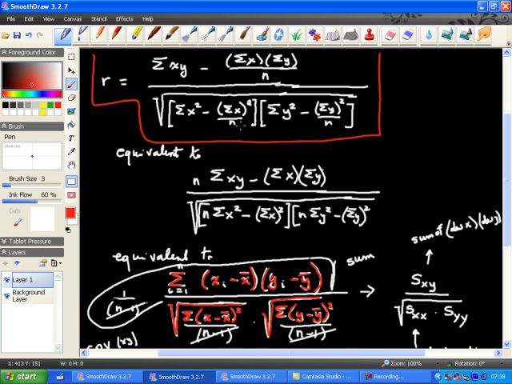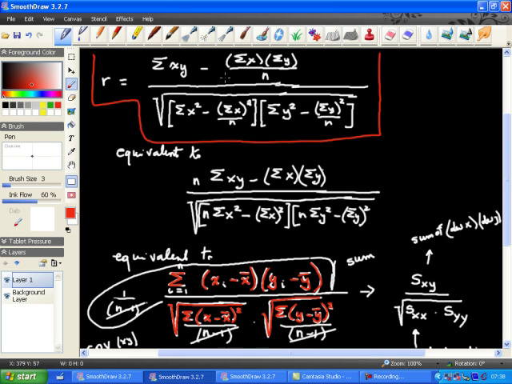The denominator is basically a known quantity, the square root of the product of the numerator of the variance for x and the numerator of the variance for y.